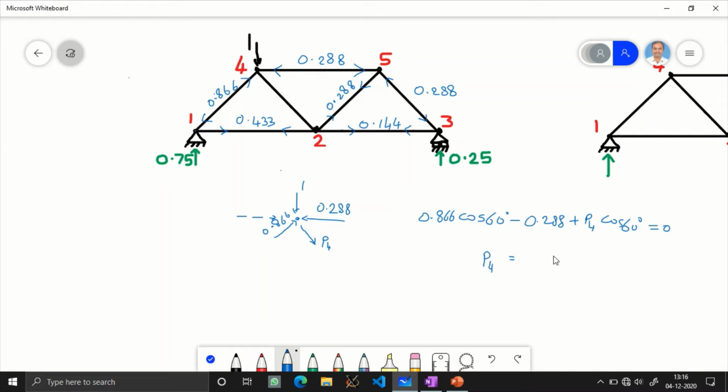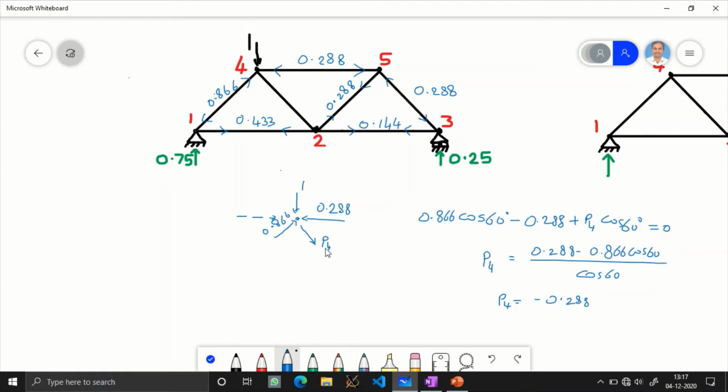Now the value of P4 will be, taking all other forces to the right hand side, 0.288 minus 0.866 cos 60 divided by cos 60, and the value will be minus 0.288.